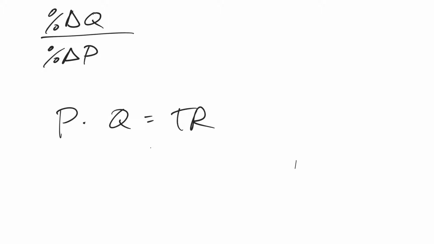Now the last scenario is if the price elasticity is 1, if it's unit elastic. In this case, price goes up, quantity goes down. What happens to total revenue?